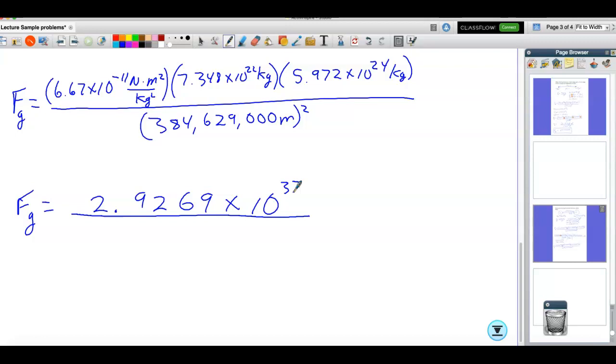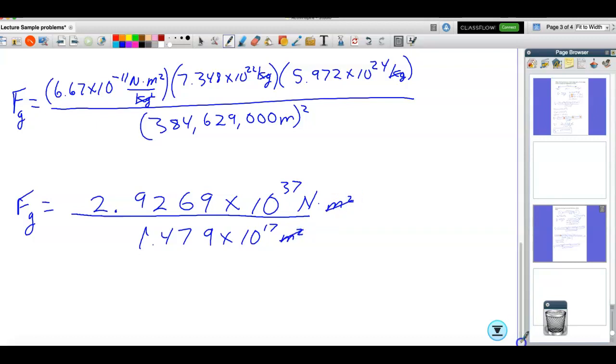And if we look at our units, our kilograms leave us, and we're left with newtons times meters squared. And on the bottom, when we square it, we get 1.479 times 10 to the 17th meters squared. So we can see that our meter squared is going to cancel when we do that.